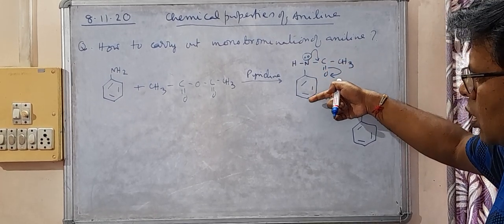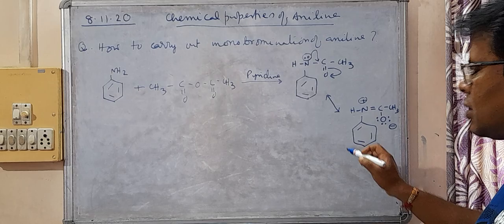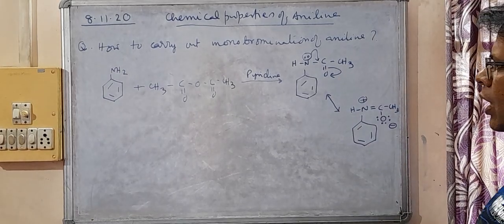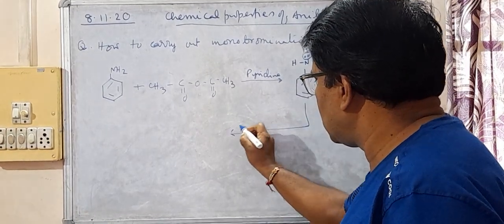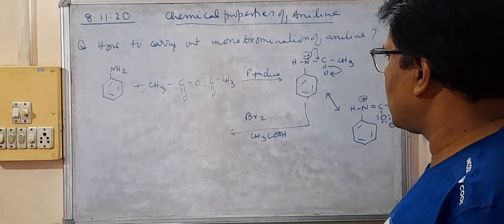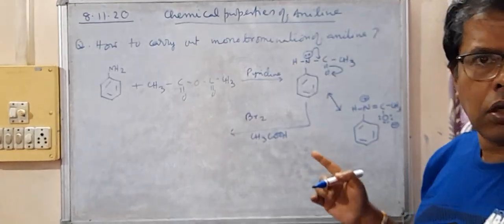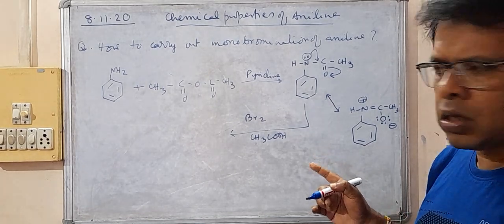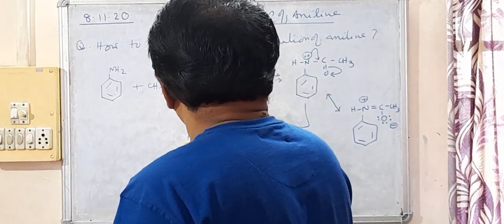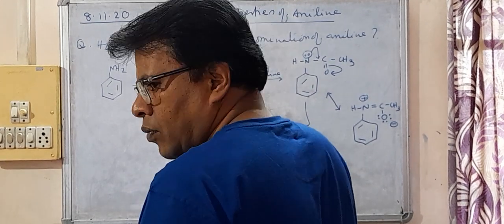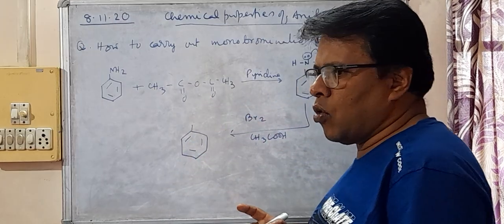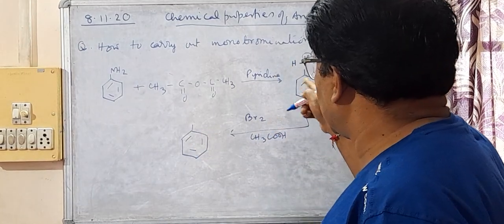So what we are seeing through this resonance is that in the acylated product, the lone pair is not going to the ring so much. So this ring is not so much activated, and now if we carry out bromination in presence of acetic acid, bromine will come only at one position, because the ring is not so activated now.